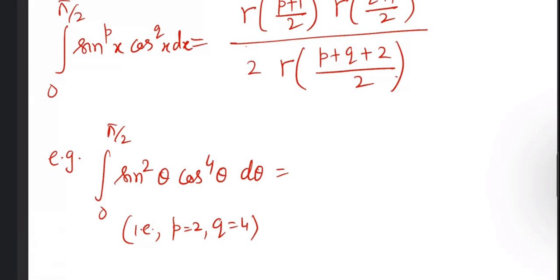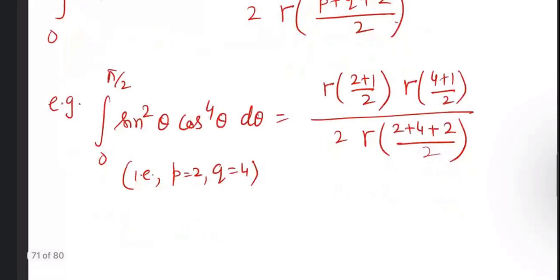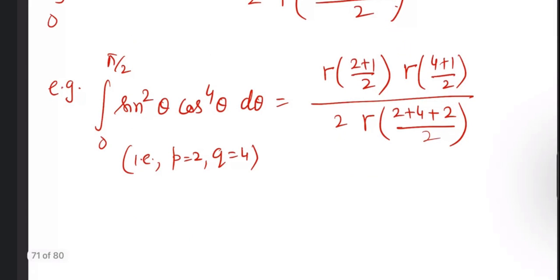It will become gamma of (2 plus 1) divided by 2, gamma of (4 plus 1) divided by 2, twice of gamma of (2 plus 4 plus 2) divided by 2. That will become gamma of 3 by 2.